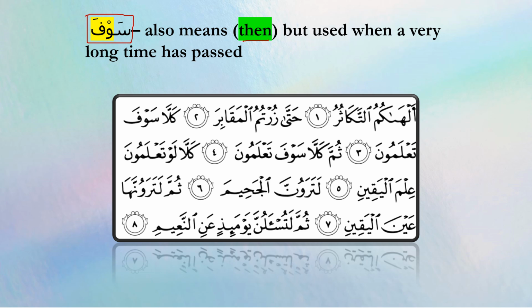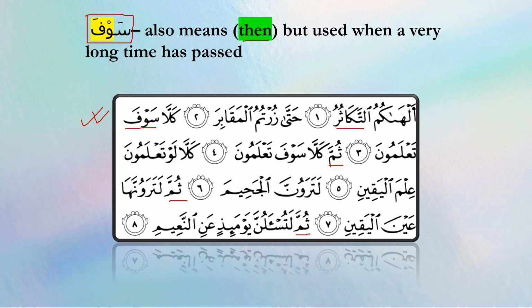And this example from the Quran, Surah Takathur, is a really good example because you will see sawfa, thumma, and thumma again here a lot of times. So it's all talking about the hereafter. Alhakumut takathur. Takathur means the one who is busy increasing his worldly things, worldly affairs, busy earning money, running after business or anything like that.